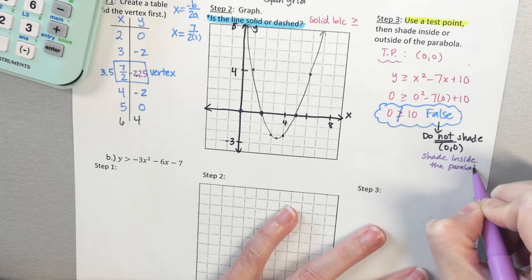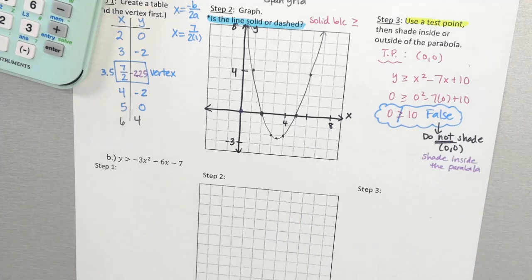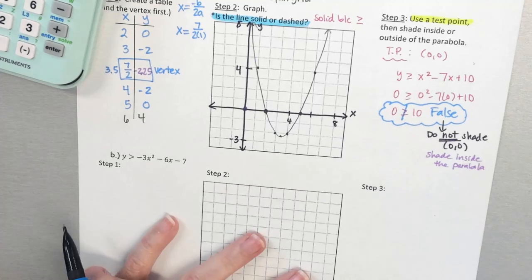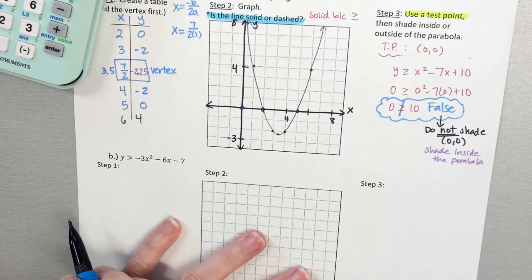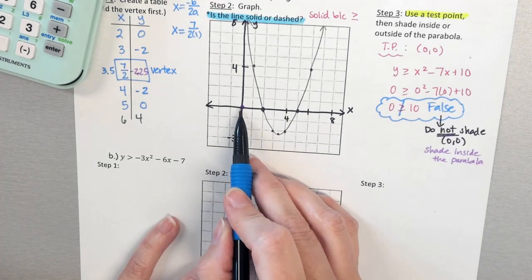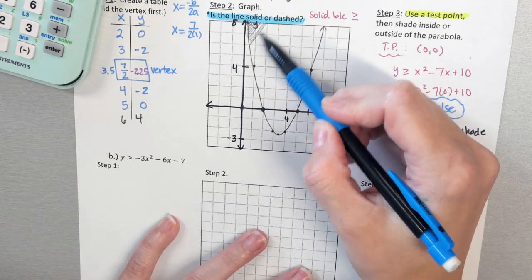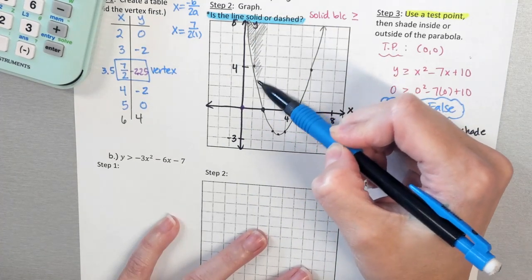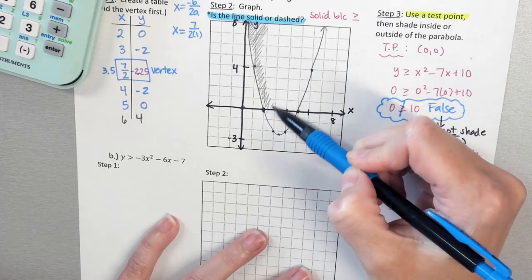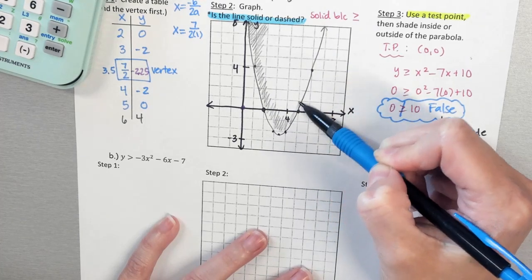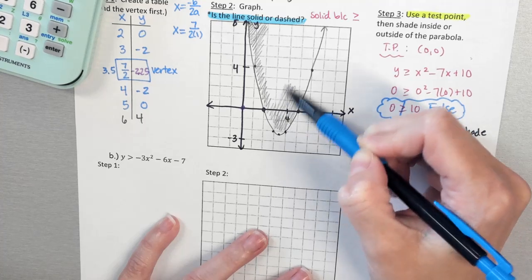Now that doesn't mean that if it's false, you're always shading inside. That's not true. It depends on where your position is. Okay, so because 0, 0 is outside and it's false, we can't include that in our solution. So we shade in the opposite region. Okay, so we're going to shade everything inside the parabola.